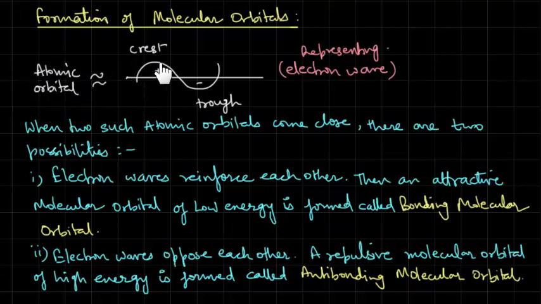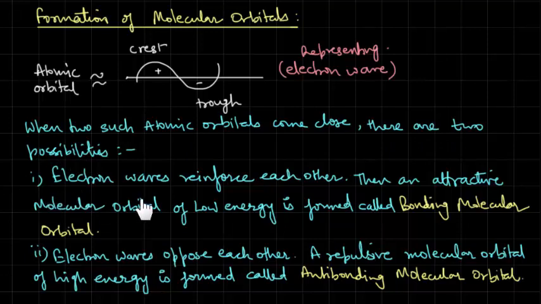This is a kind of wave of that electron. It will have a crest and a trough. This represents an electron wave, and this is one of the electron atomic orbitals. For bond formation we need two atomic orbitals. When two such atomic orbitals come close, there are two possibilities.